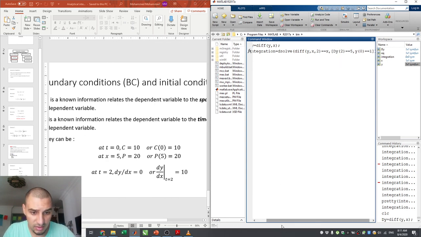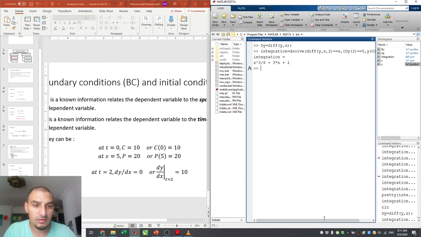I have already defined dy, which is dy by dx. So when I write dy of 2, it is dy by dx at x equals 2 equals 5. And now you can get the solution as we see here. So it works for both.